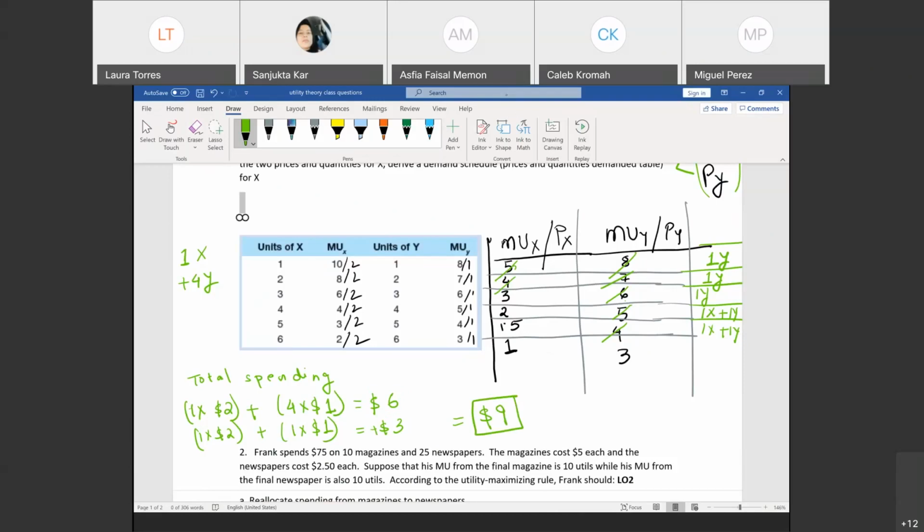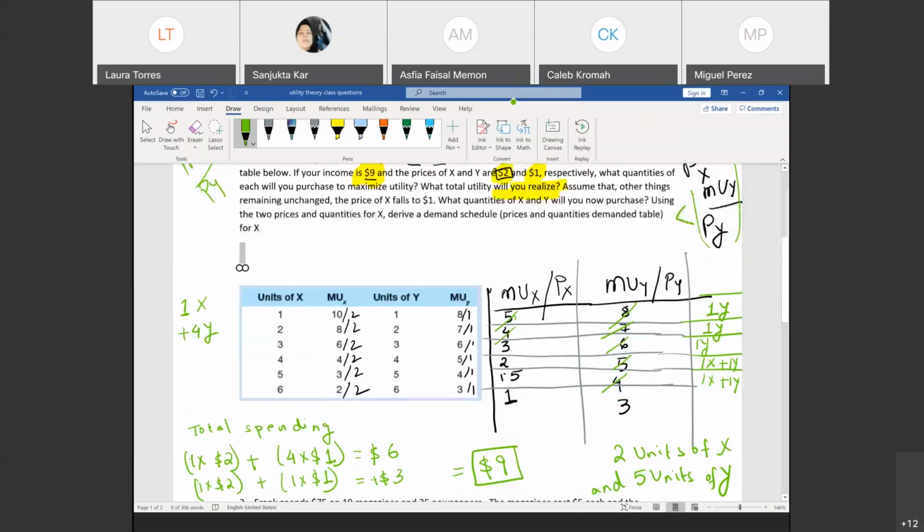So looks like I bought 2 units of X and 1, 2, 3, 4, 5 units of Y. This is what I bought so far.